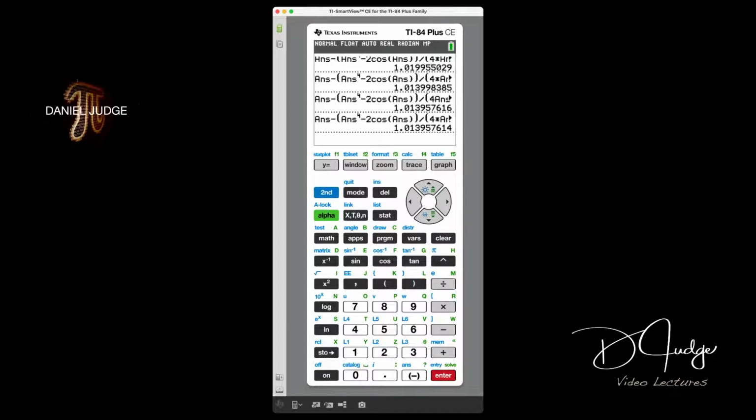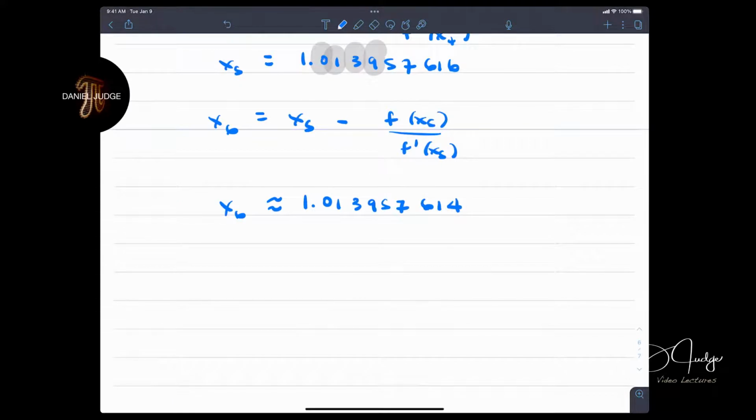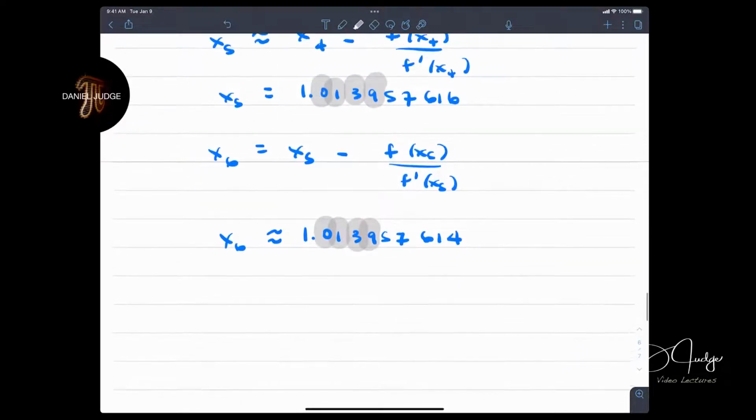You're going to get 1.013957614. And if we go to the iPad now, let us see how many decimal places of accuracy that is now. What's the duplication? So far we got 0139 just like we did earlier.